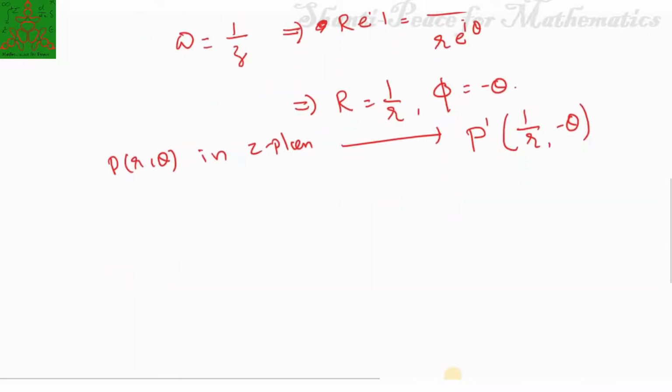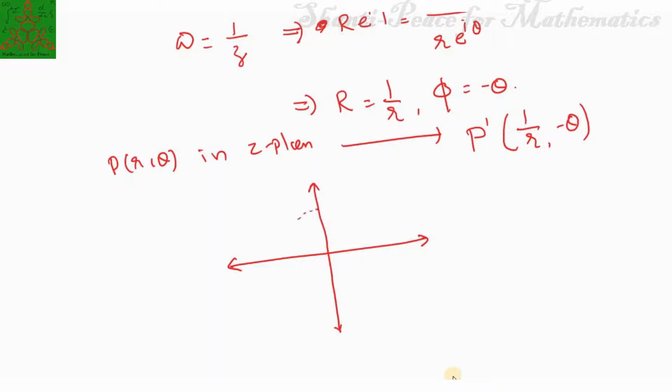Let us superimpose the w plane onto the z plane. Here let us try to draw. I am just drawing the z plane, this is the circle. Suppose this is the point (r, θ), and this is the x axis and y axis. I am also writing this as the u axis and v axis.